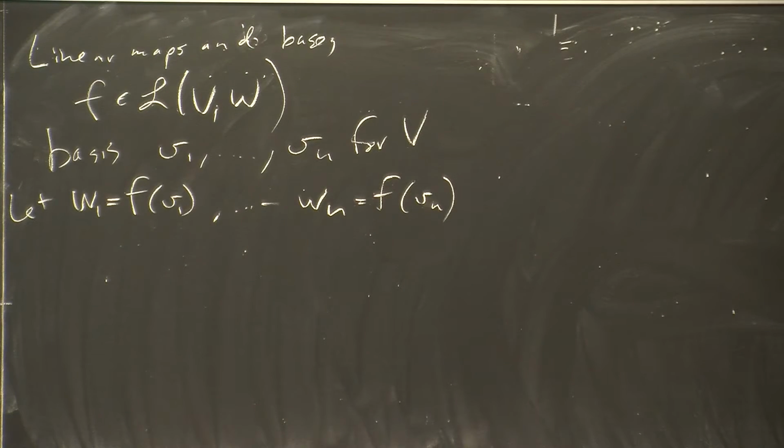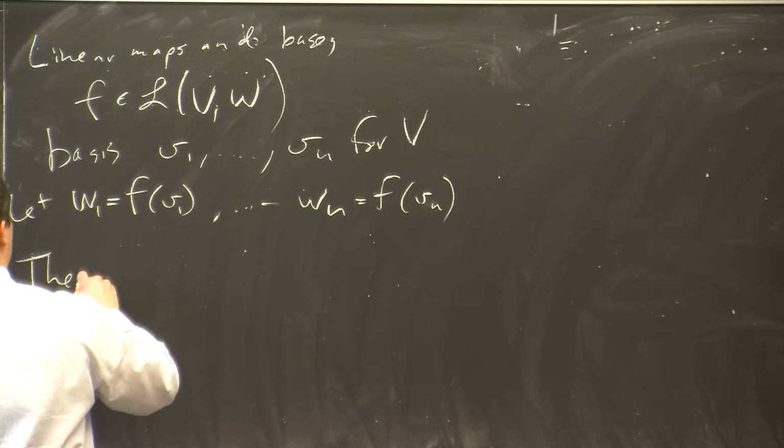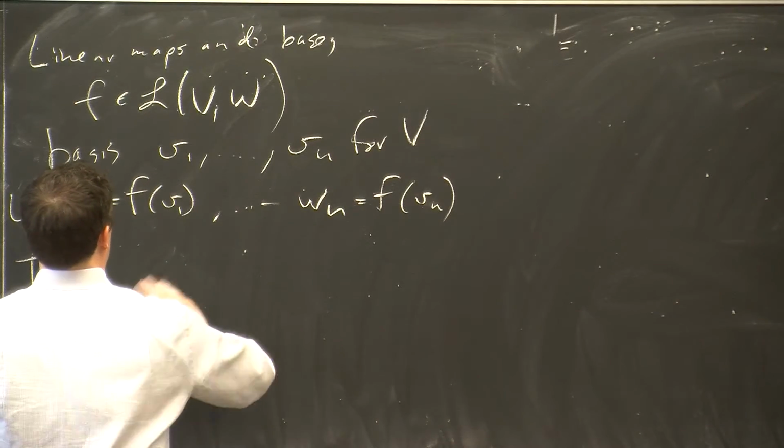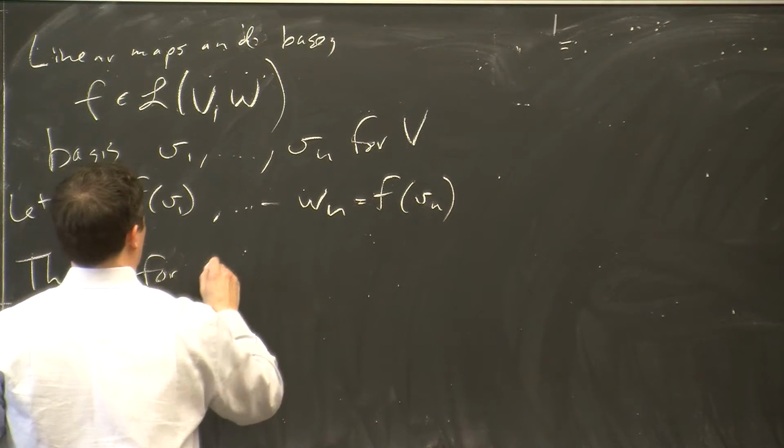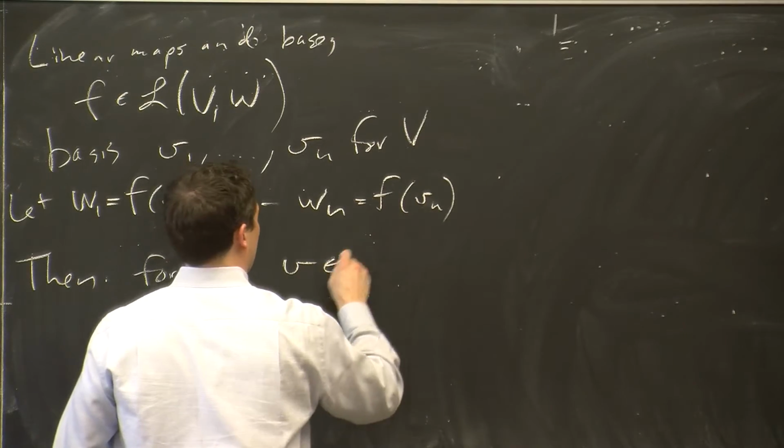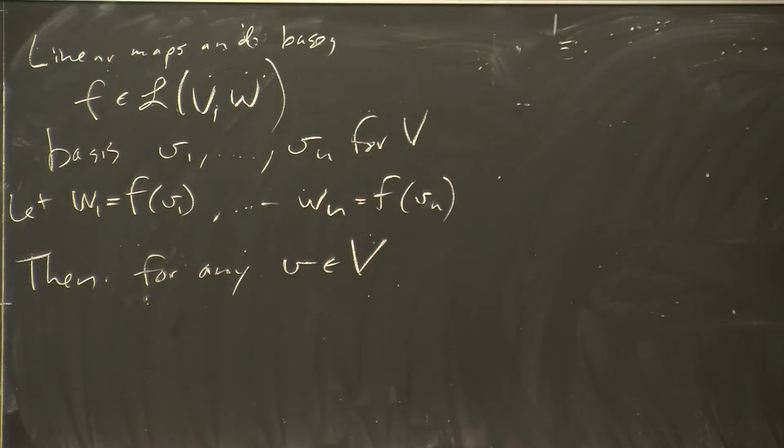So I define W1 through Wn to be the image of each of those n basis vectors for V. Then for any vector in V, I know where F sends it, right?